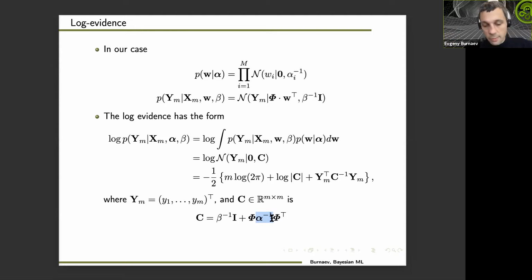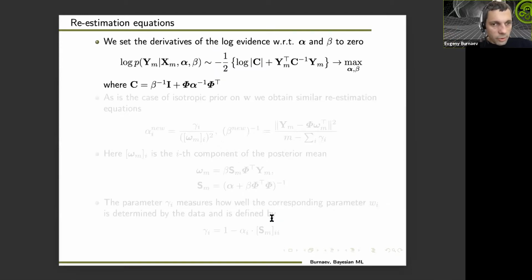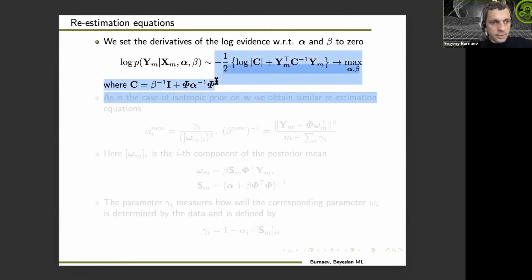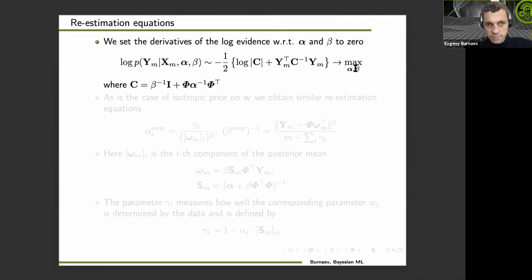So everything is equivalent. Okay, so we need to minimize this function with respect to alpha and beta. And actually, we can use exactly the same trick to perform such optimization.